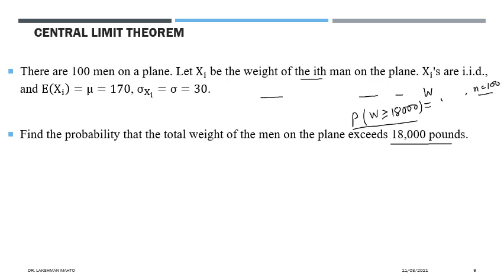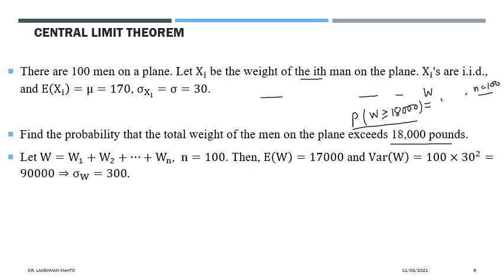So using all these concepts and the central limit theorem, we can easily calculate the distribution of W. Simply, our desired thing is to calculate this probability. We define W as the sum of all these weights, W1 plus W2 up to W100. Then we can easily calculate the expectation of W. I have changed the notation: X1 is denoted by W1, X2 by W2, and Xn is replaced by Wn.